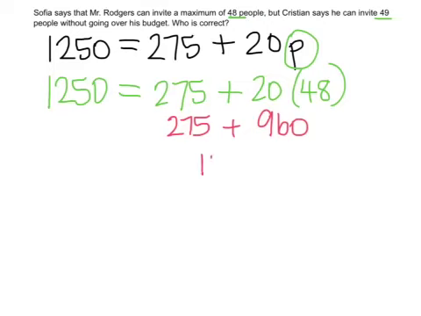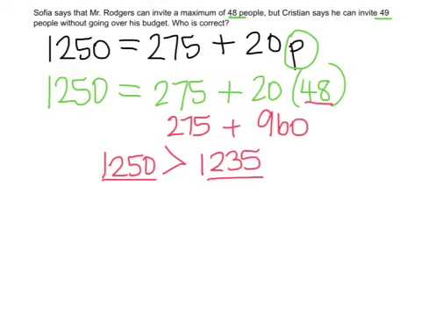And all of that is $1,235, which is less than $1,250. The maximum he can spend is $1,250. And by inviting 48 people, he will spend $1,235. So yes, Sophia's right that he can have 48 people, but let's see if that's actually the maximum.